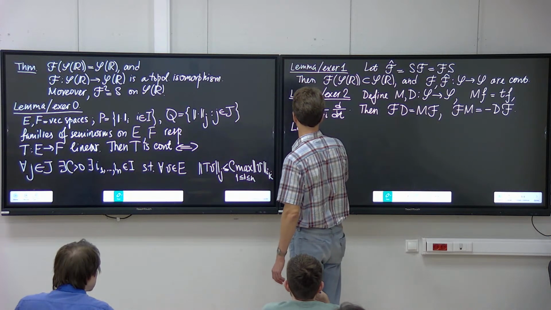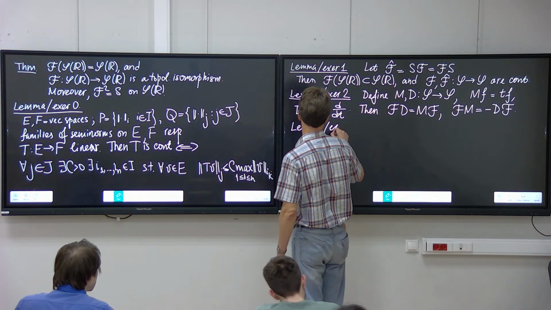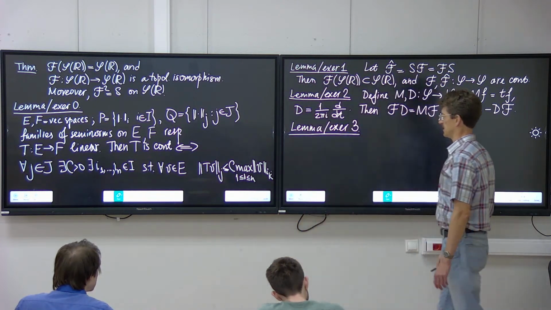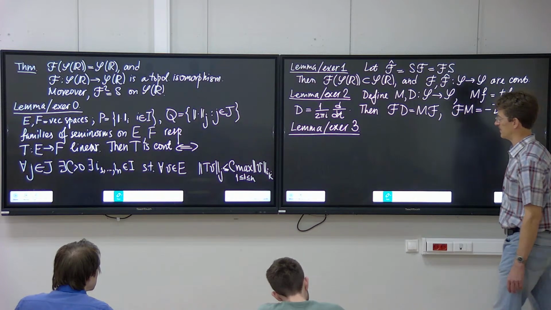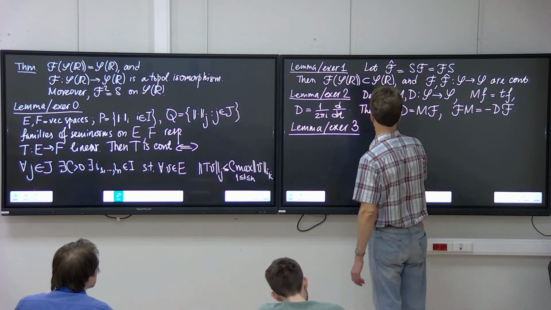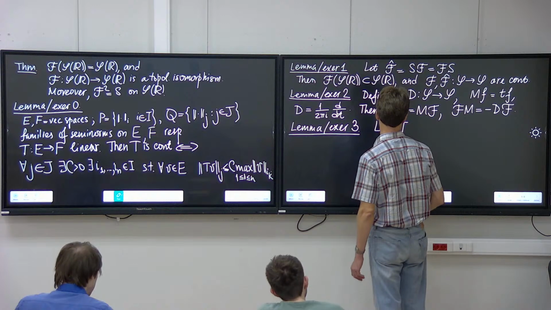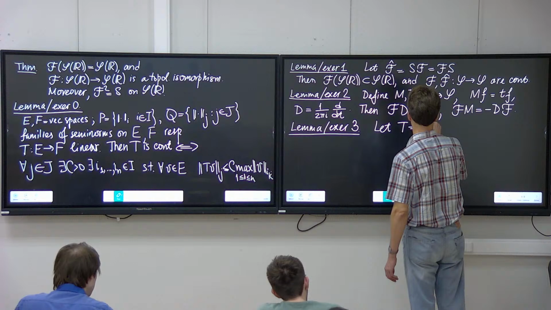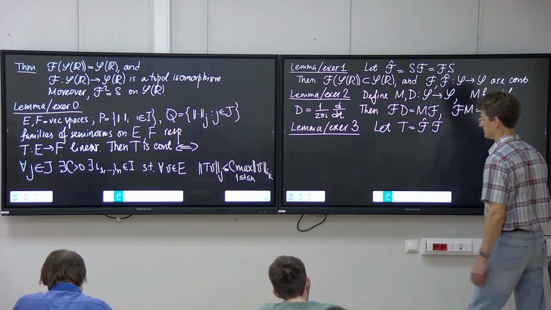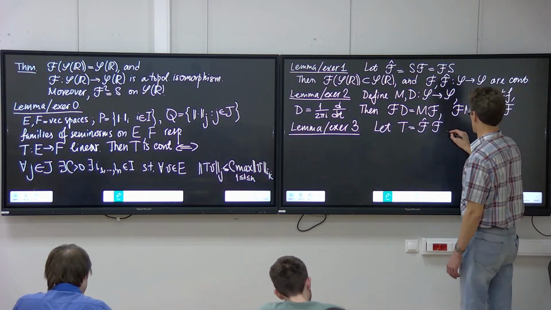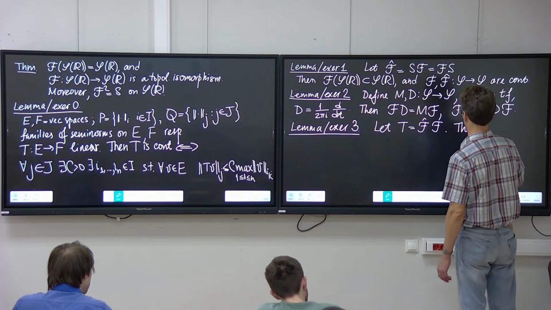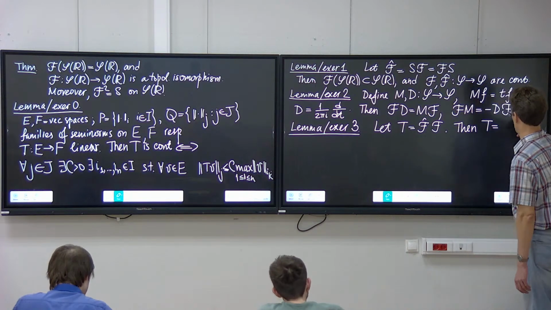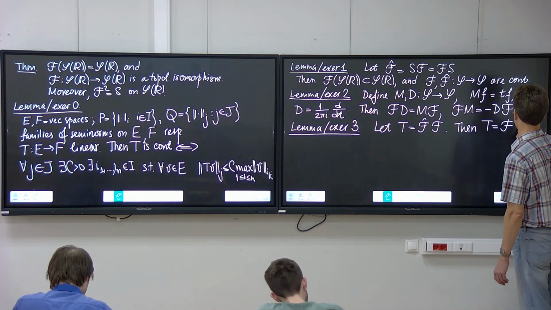Lemma exercise 3. Well, this is an immediate corollary of lemma 2. So let's define T to be the composition of F hat and F. Well, first of all, I claim that these two operators commute, F and F hat commute, so we can also write T as a composition of F and F hat.